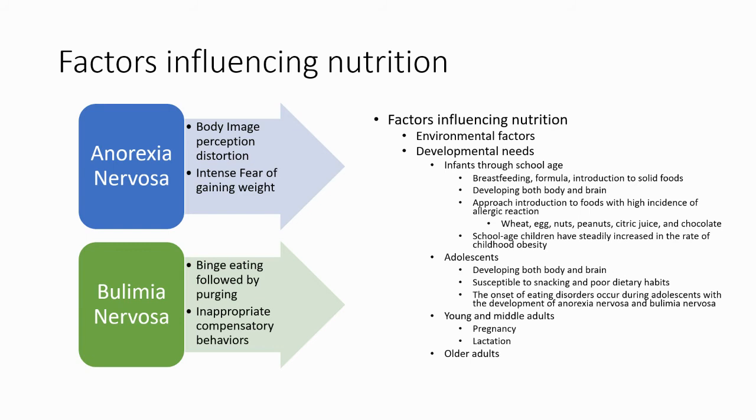Now, both are linked to body image perception disorders, but anorexia nervosa is probably more linked to that. And anorexia is differentiated from bulimia because there is this intense fear of gaining weight. Many times, a person can actually have both.